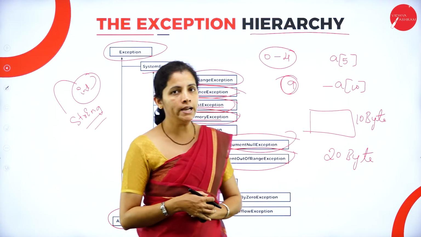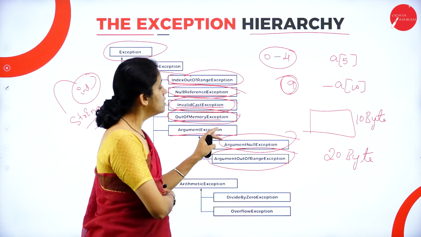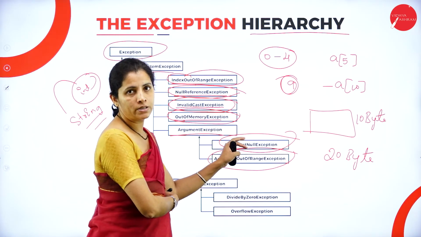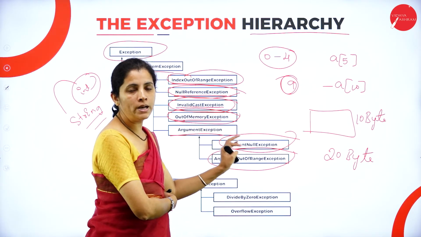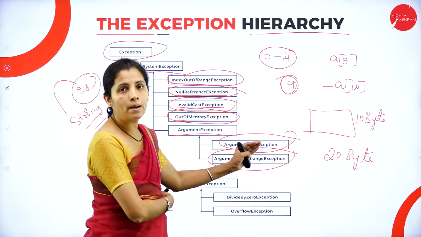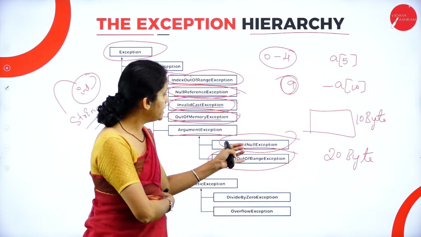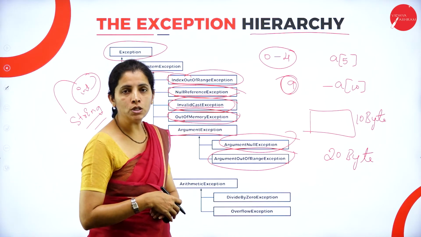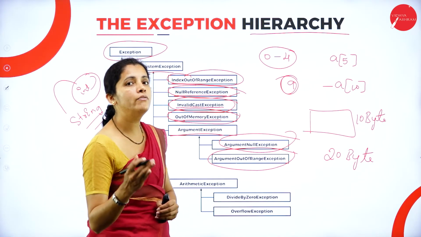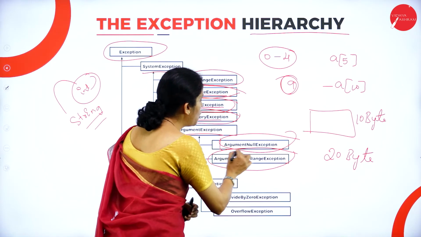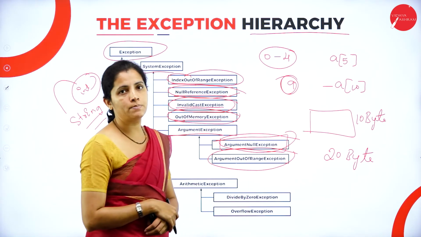If I consider argument null exception, that means for whatever argument I have, I'm having a null value, and at that time the compiler is going to generate an error known as argument null exception.